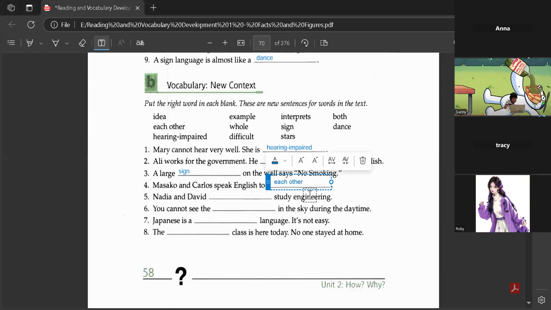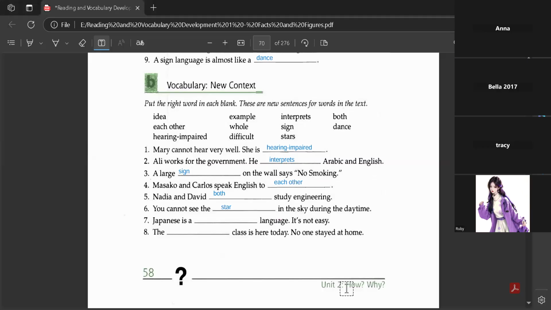Number 5. Let's invite Anna. Nadia and David both study engineering. Number 6. Danny. You cannot see the stars in the sky during the daytime.